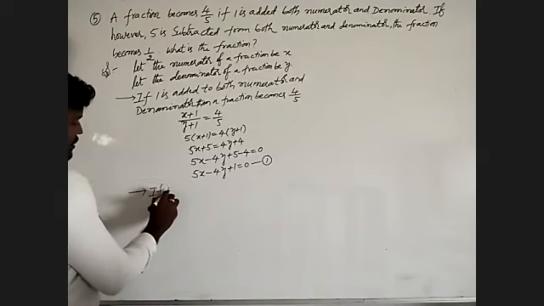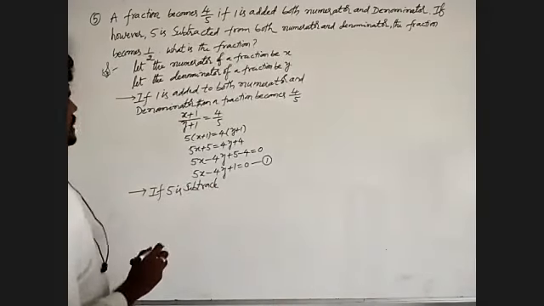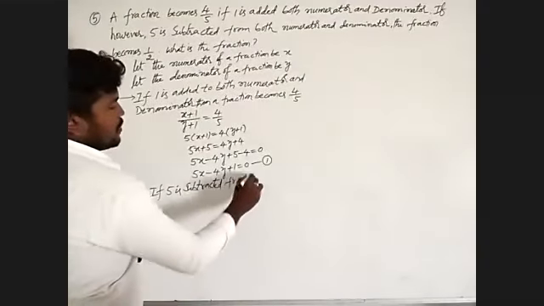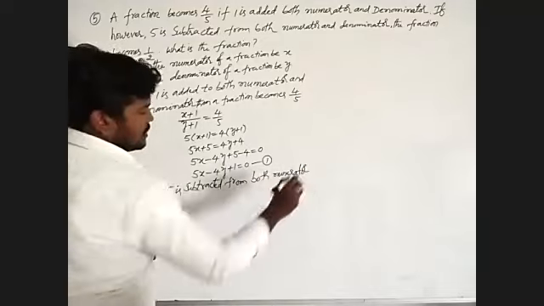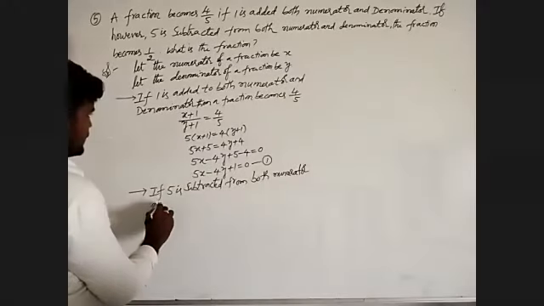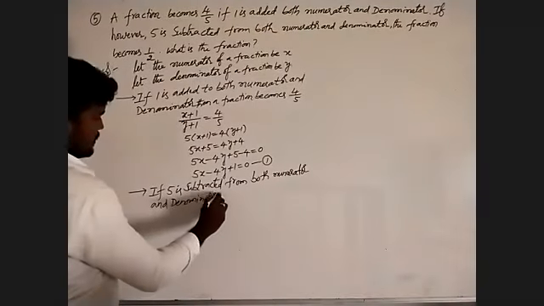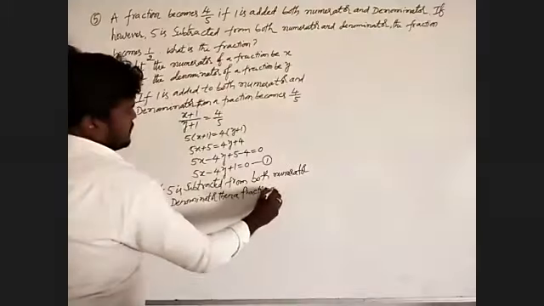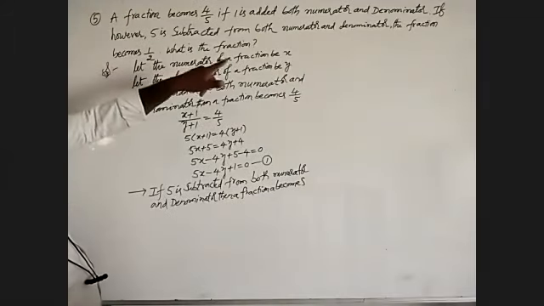If 5 is subtracted from both numerator and denominator, then the fraction becomes 1 by 2.